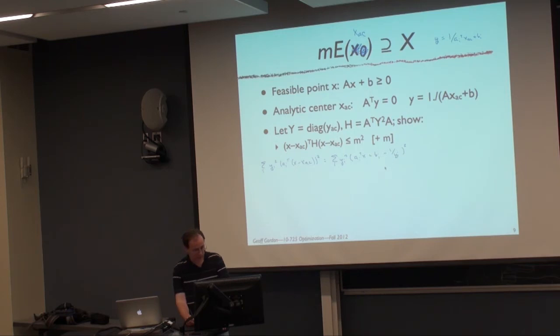Now we can consider this as a sum of two terms and write out the square, right? So this is equal to the sum over i of yi squared times (ai transpose x plus bi) squared plus 1 over yi squared minus 2 (ai transpose x plus bi) over yi, right?